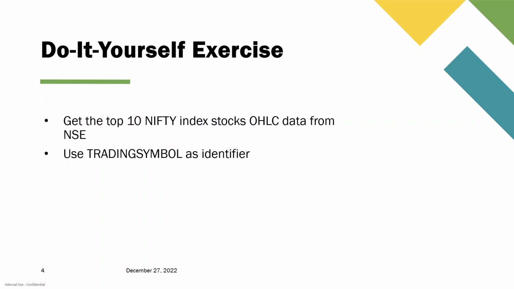Okay, so Reliance, TCS all will have trading symbols. Use that as an identifier and store it in the database. Then you can actually use the trading symbol to query the data very efficiently. So let's say you need only Reliance data or only TCS data for analysis. You can use the trading symbol to get the data yourself.